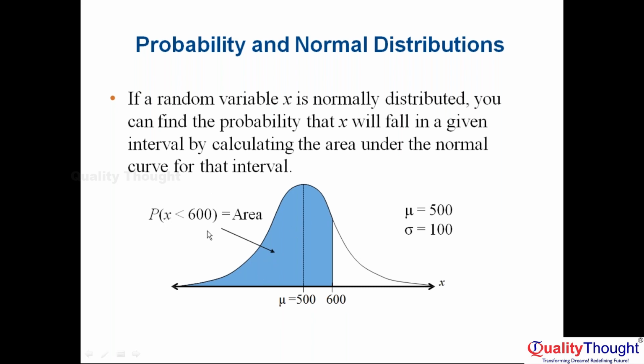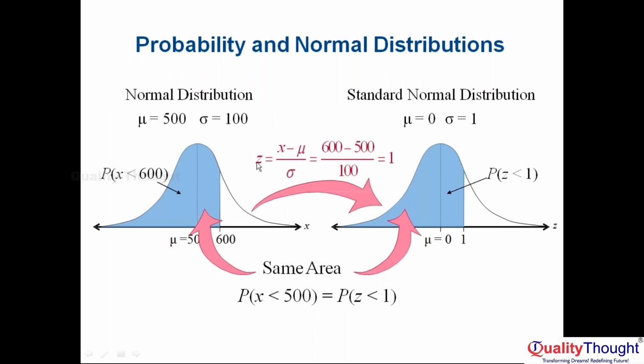Probability of having x less than 600 means getting a resultant value somewhere below 600. You have to identify the area. So mu is equal to 500 and sigma is equal to 100. Here you have z is equal to x minus mu divided by sigma. So here you are going to convert this normal distribution into standard normal distribution, and the z score is equal to 1.